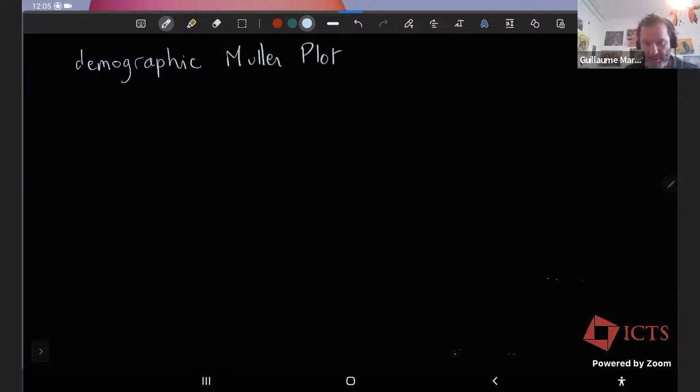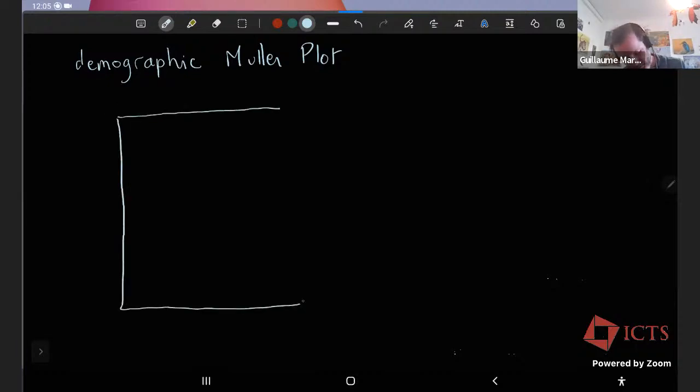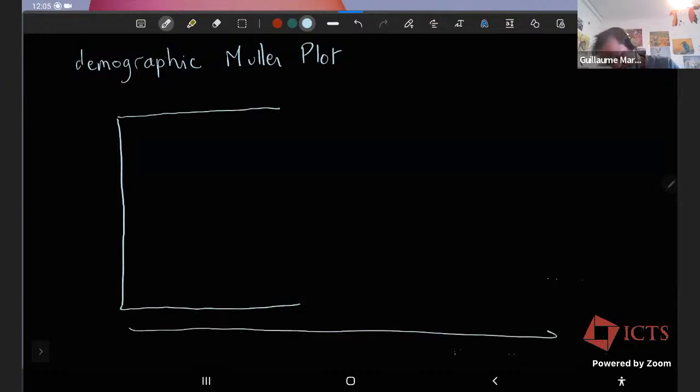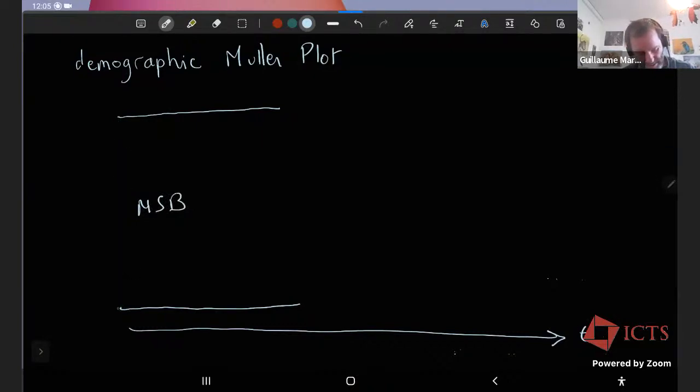And in this plot, we also plot the number of individuals, but the number of individuals changes over time. So we start with a given large population, and for some time, we are stable like this. And actually, if we are dealing with the model with mutation selection balance, we are stable for a very long time in the past. So we've been like this all the way to infinite time in the past.